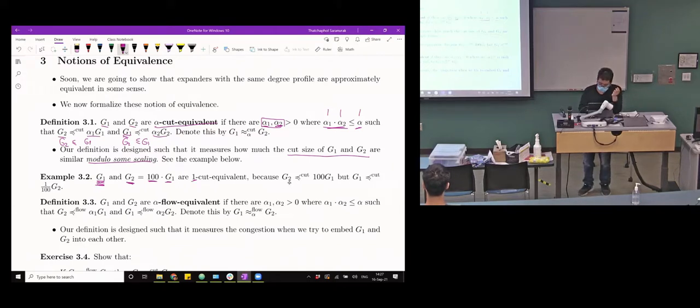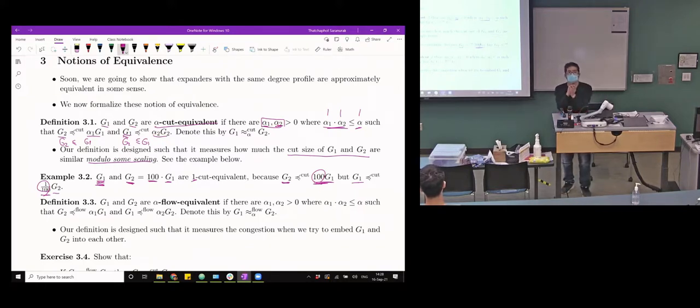Because G2 will be at most 100 times G1, but G1 is at most 1 over 100 times G2, and 100 times this is still 1. So the smaller alpha is, the closer the cut sizes are for every cut, except that you allow some scaling.